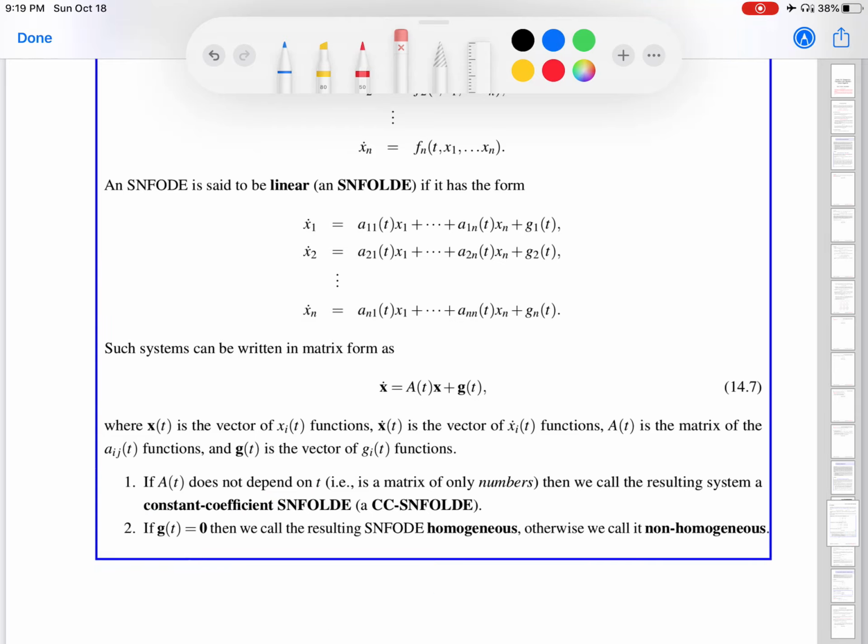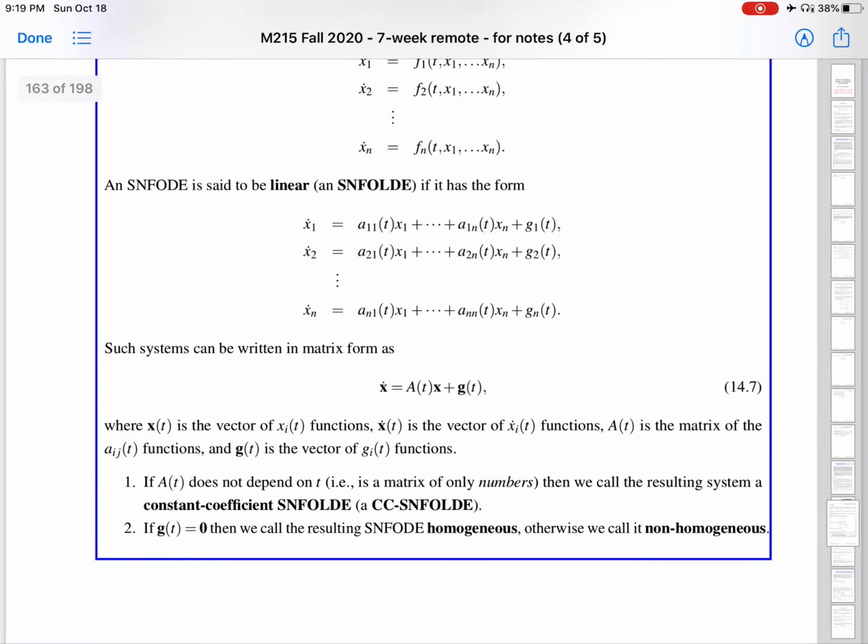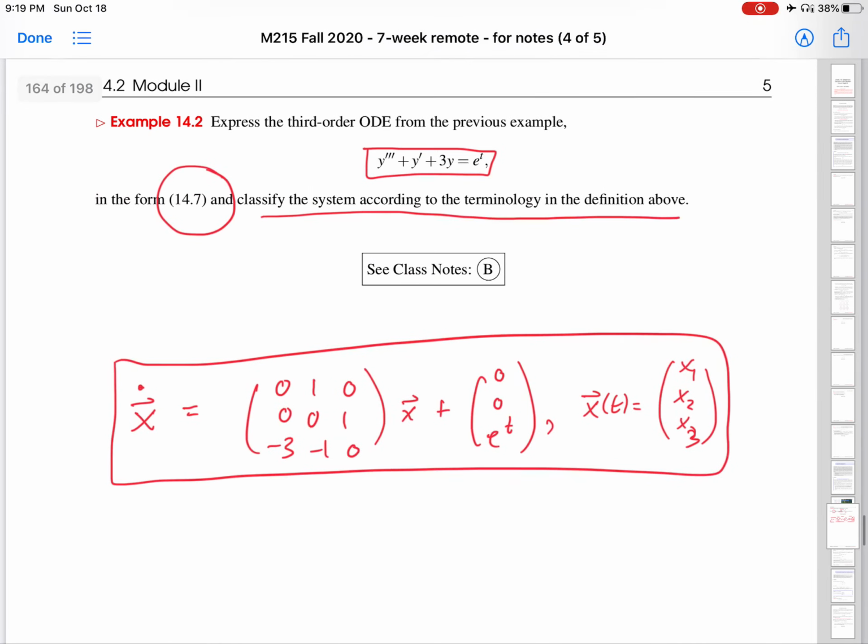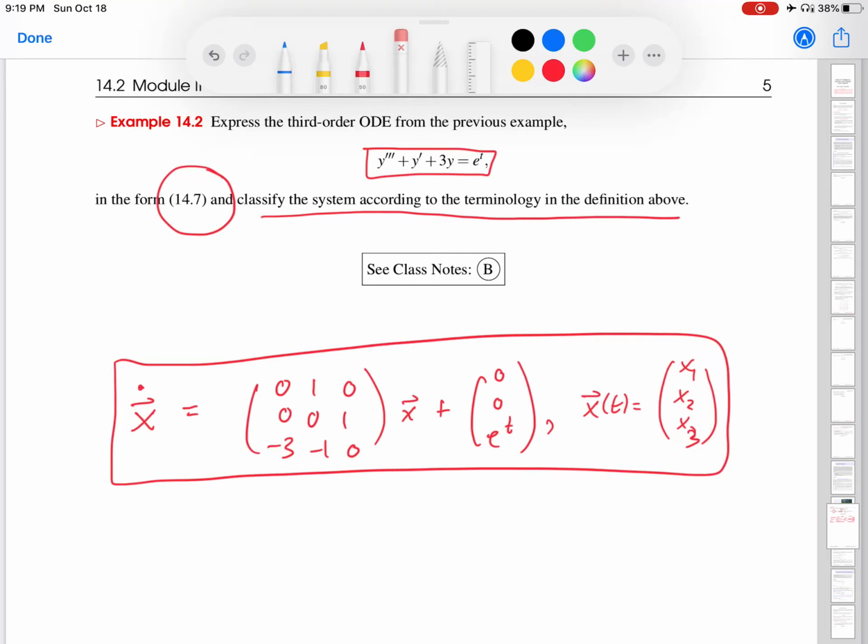So let's scroll down to the example and see if we can finish that one. So this example says, basically use the previous definition to put this ODE into that form, the matrix form, and then classify the system.